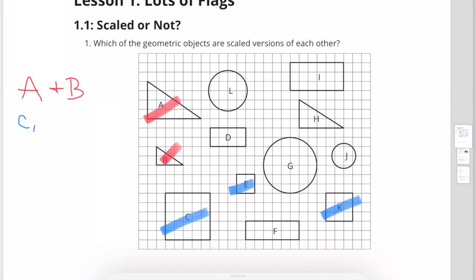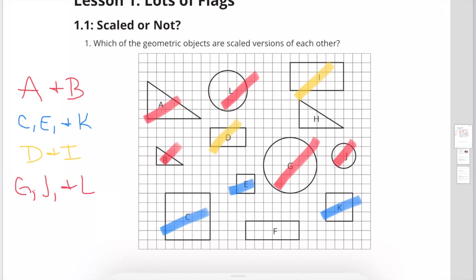So C, E, and K. D and I. Okay, and what else could be scaled copies of each other? G, J, and L. So G, J, and L.